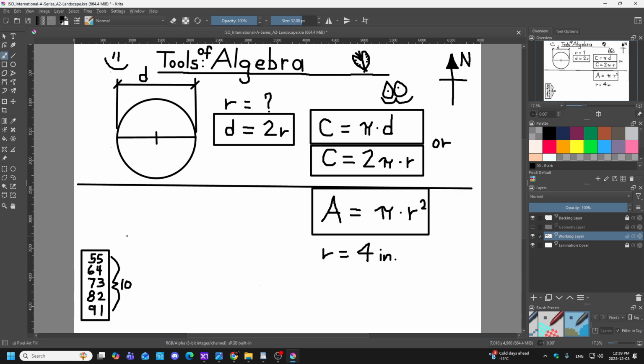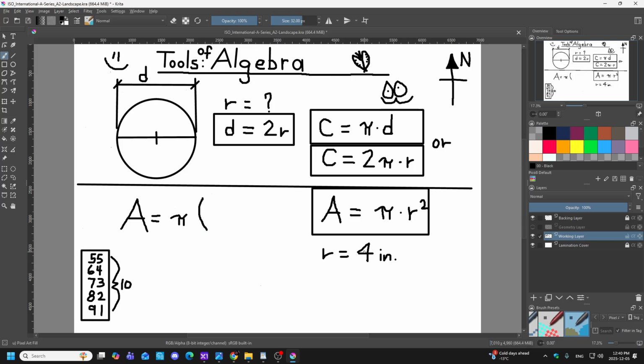I'm going to go straight to substitution. Pi, and because I have an exponent, I'm going to use brackets.